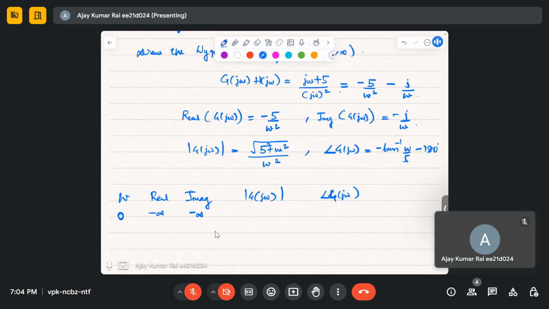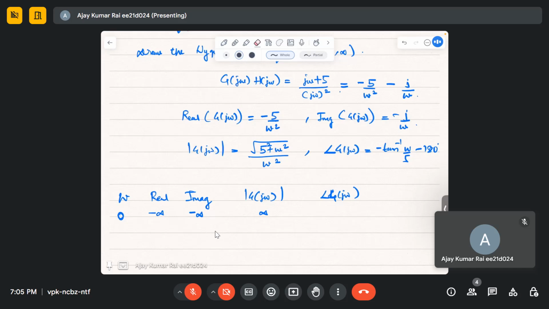And what is the magnitude here? If you put omega equal to 0, you'll get infinity, right? Summation of real plus imaginary, or directly in this you can put omega equal to 0. What you will get is infinity. And what is the angle?